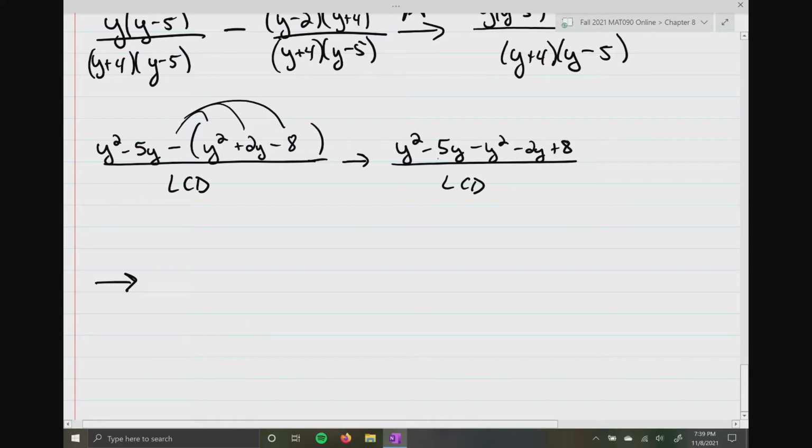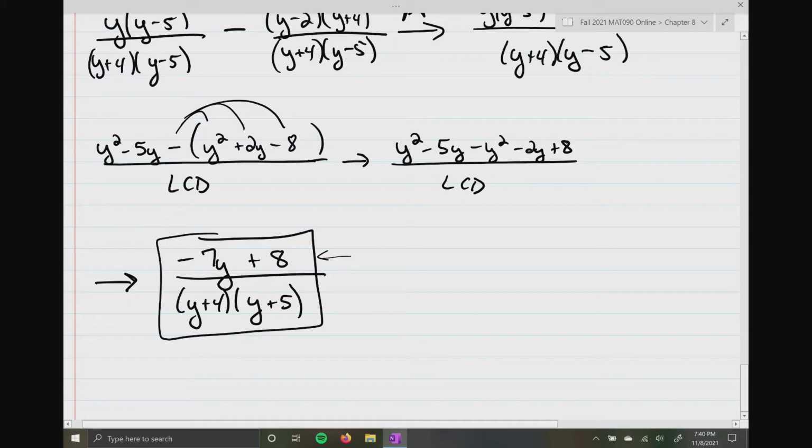And negative 5 minus 2 is going to be negative 7y plus 8. And then I'm just going to write my LCD, which is y plus 4 over y minus 5. Now I look in the numerator. Can I factor anything? Nope. So this cannot be simplified any further. And that is our final answer.